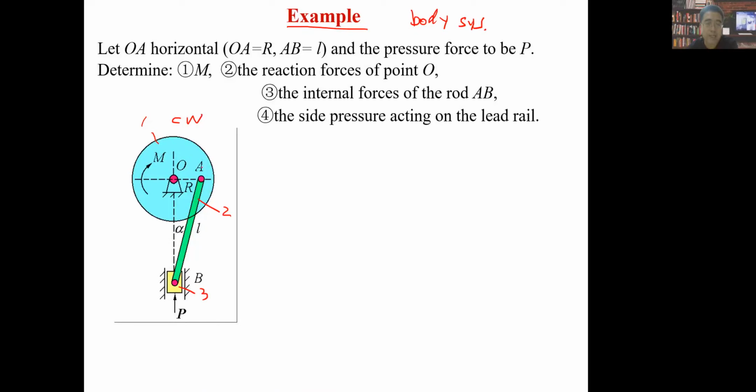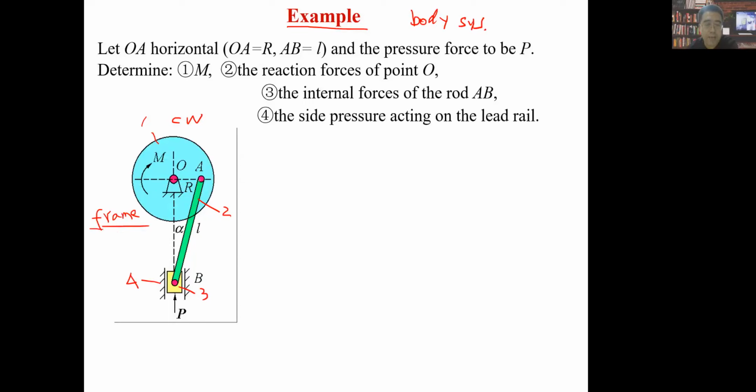Why did I say this body system consists of 4 parts? Always remember we also have another part, which is the frame, like the ground, which will not move. The frame is always fixed. So you can find at point O and point B, we have constraints between one part of the system and the ground, the frame, right?